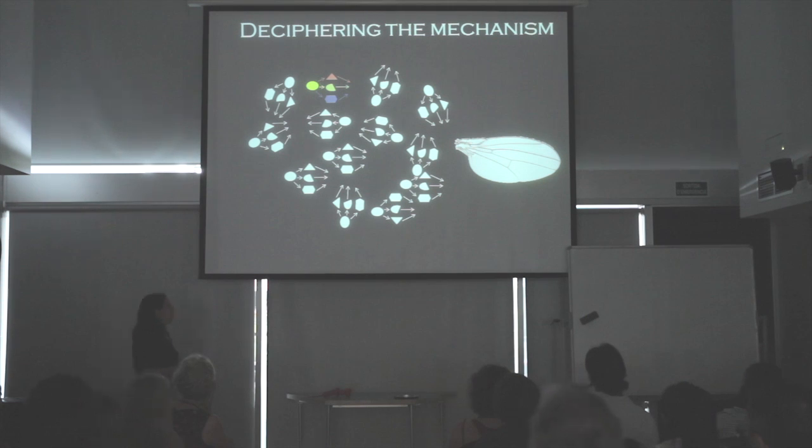We are not that naive, and we know that the wingless pathway is very interesting to us, but it's only one tiny part of the whole gene regulatory network. So we have to know all this in order to understand how this is formed.